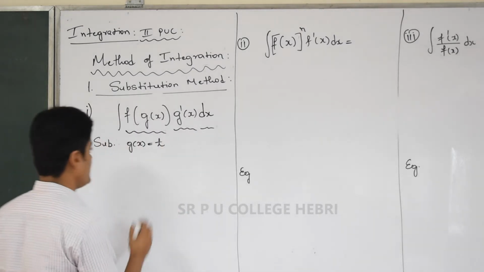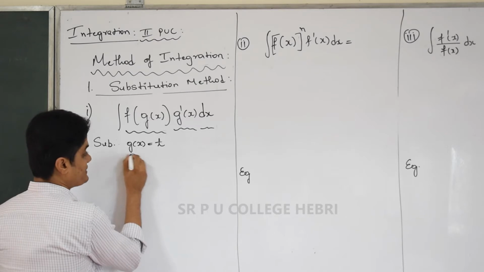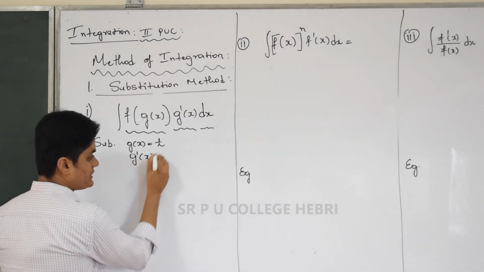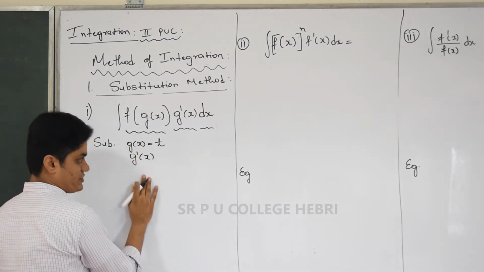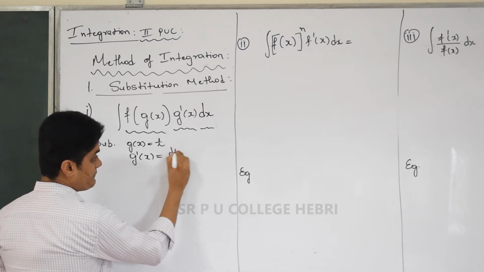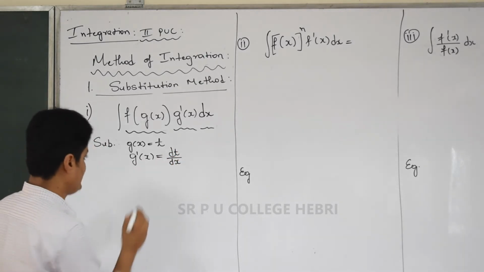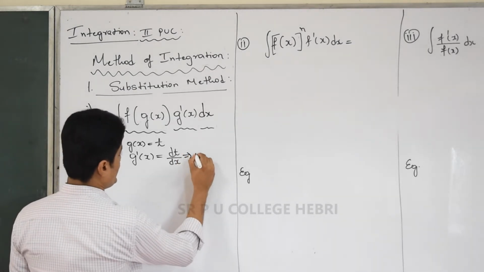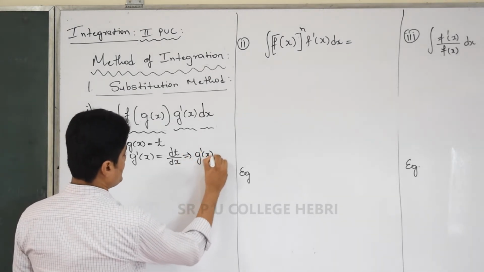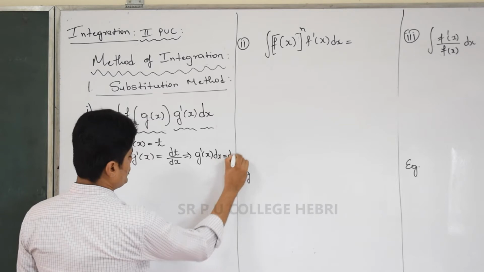So differentiate with respect to x: g dash of x equals the differentiation of t with respect to x, which is dt by dx. So this implies I can write g dash of x into dx equal to dt.